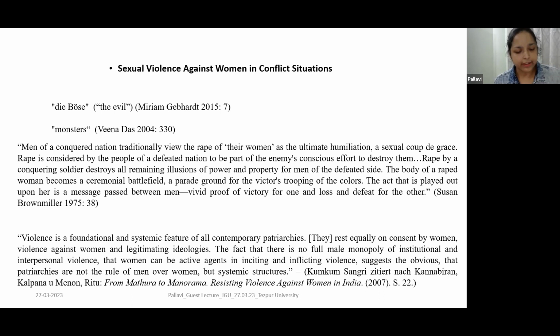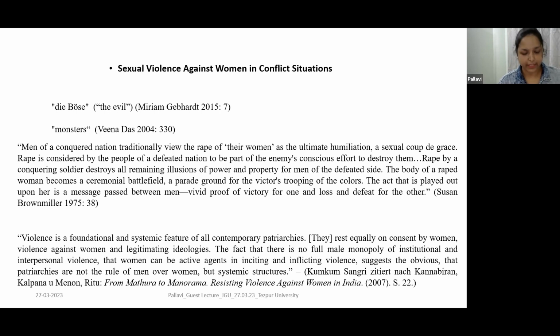There are three categories here: wartime rape, peacetime rape, and other deeply structured and symbolic violence against women. Under the third category, we have domestic violence or intimate partner violence, etc. So we are talking here about wartime rape. Sexual violence in a conflict situation can be classified under this category, and Berlin is the space.